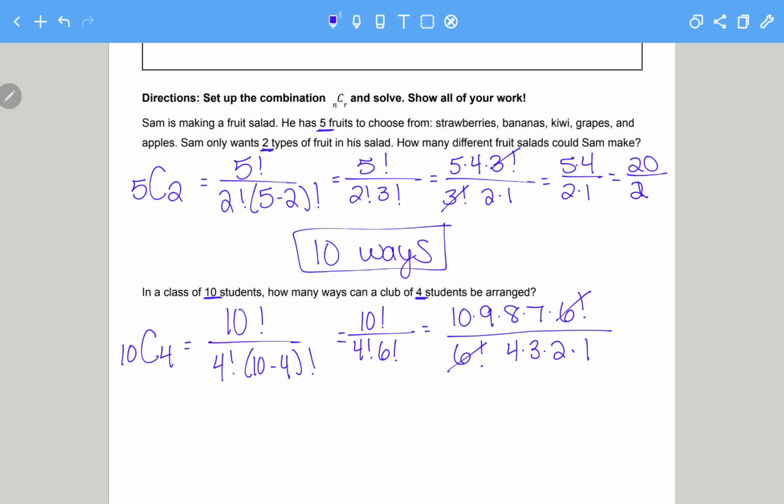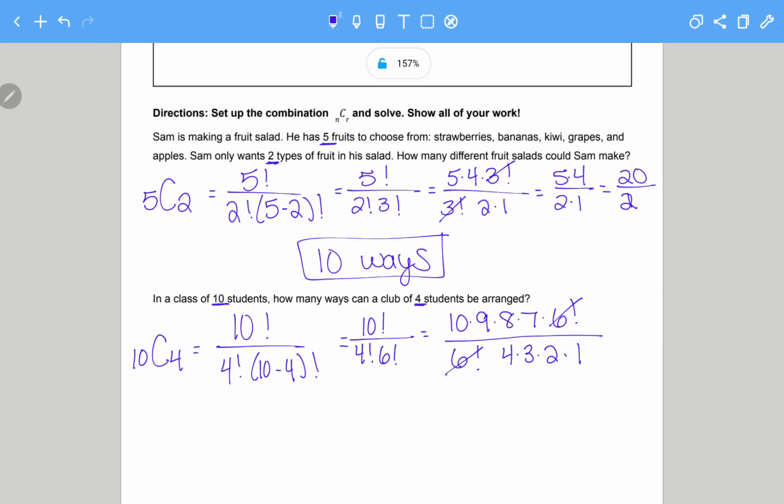And I'm going to need my calculator to solve this one. 10 times 9 times 8 times 7 over 4, 3, 2, 1. So we have 5,040 over 24.